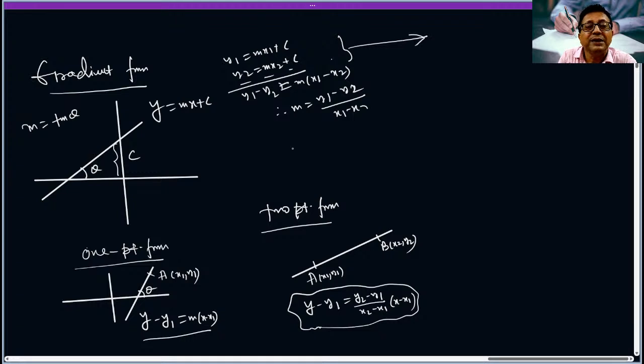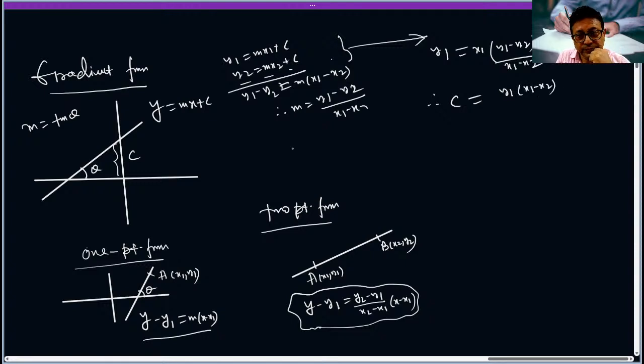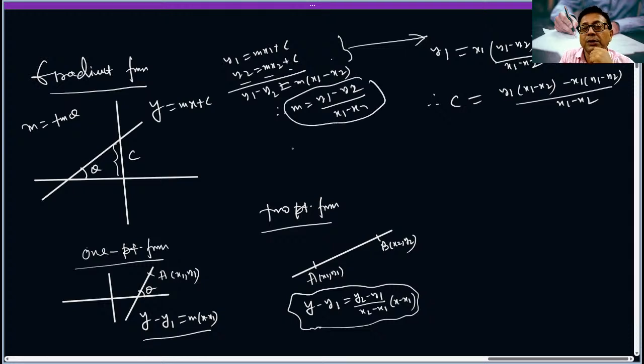Then you put the value of m over there. y1 equal to x1 into y1 minus y2 by this plus c. So c will be what? y1 x1 minus x2 minus x1 y1 minus y2 by x1 minus x2. Now m and c both are known, isn't it?